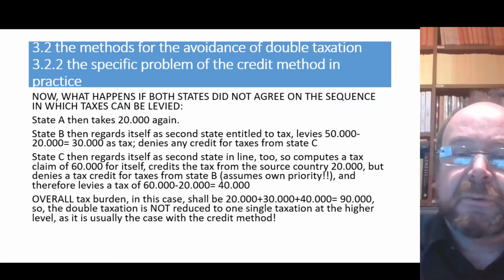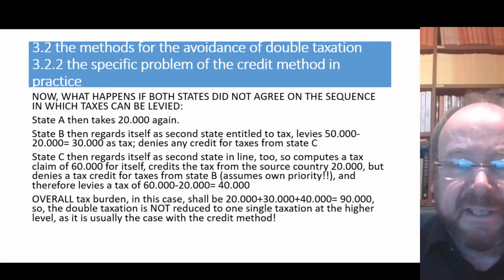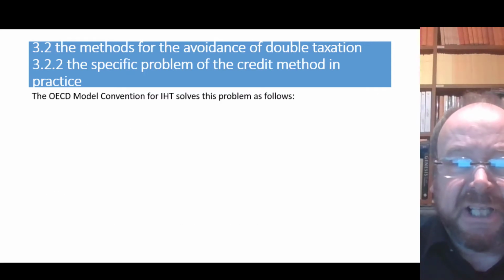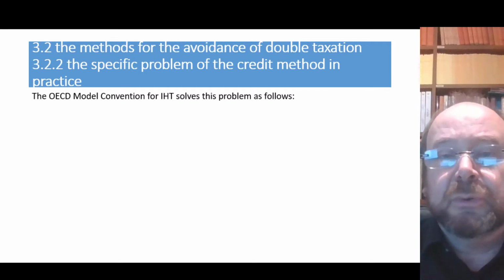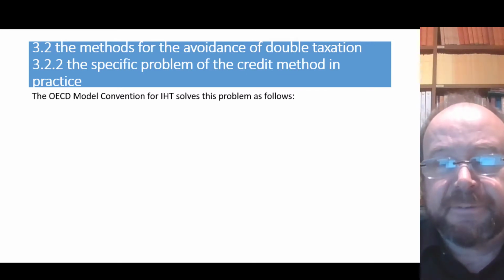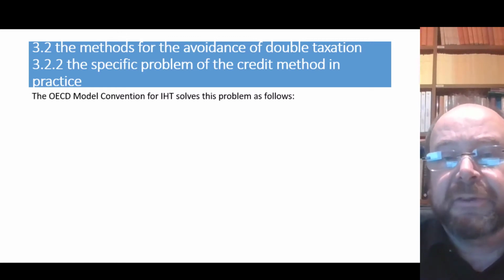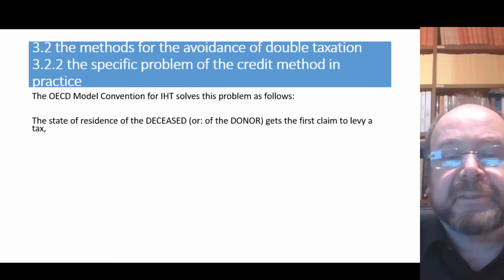So what you absolutely need here is a general agreement on who has to tax first and who has to give a credit for all the taxes levied before in the sequence.